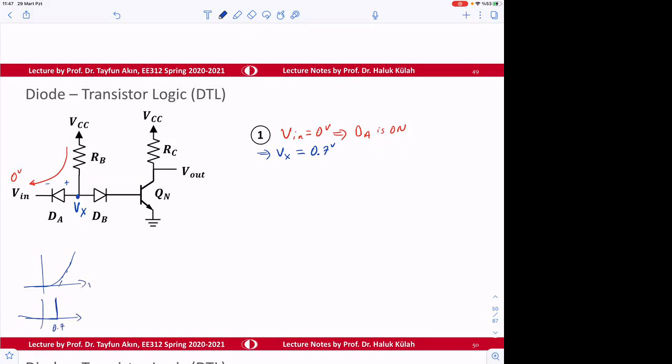So this is V diode, I diode. Okay, the model that we use. So if that is 0.7, this voltage is 0.7 volts. What about this diode and this diode?